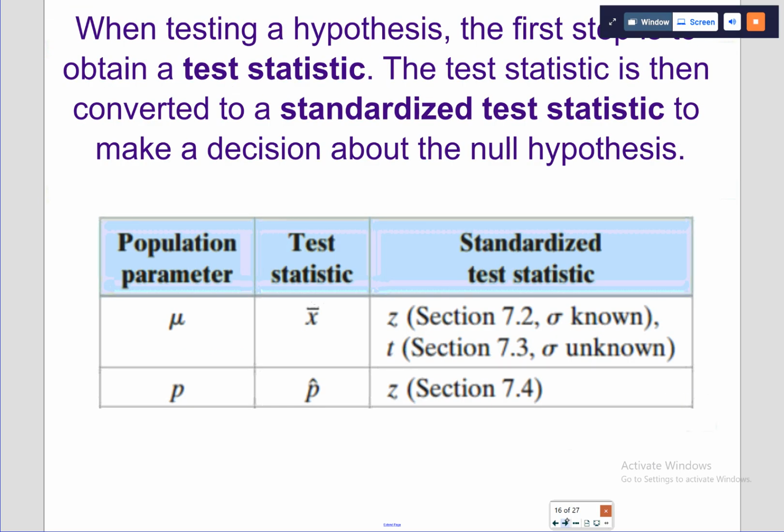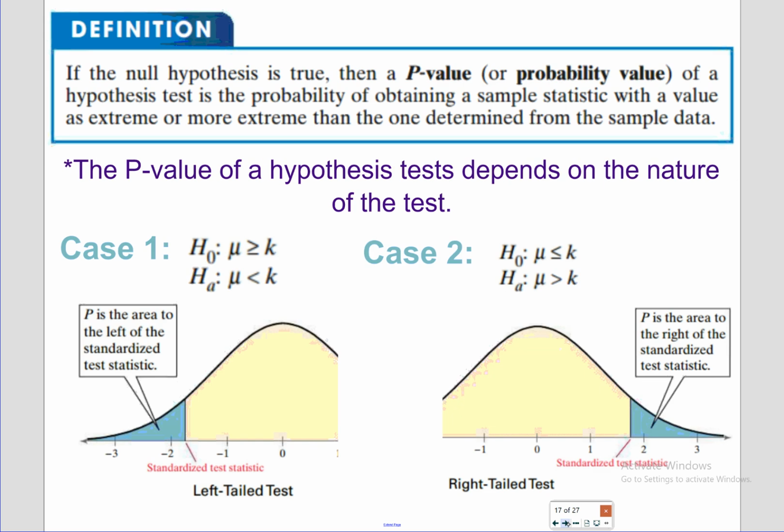We already talked about what the test statistic is for each population value, so I'm just going to flip through it. The last thing we need to talk about today is p-values. If the null hypothesis is true, then a p-value, or probability of the hypothesis test, is the probability of obtaining a sample statistic with a value as extreme or more extreme than the one determined from the sample data.